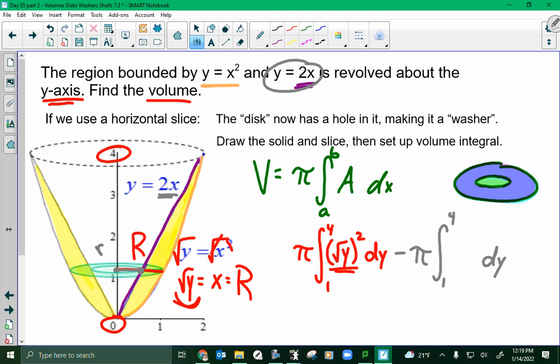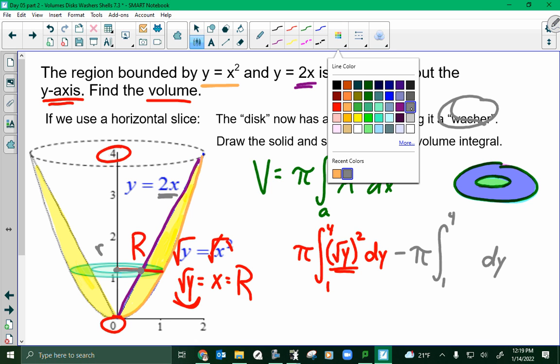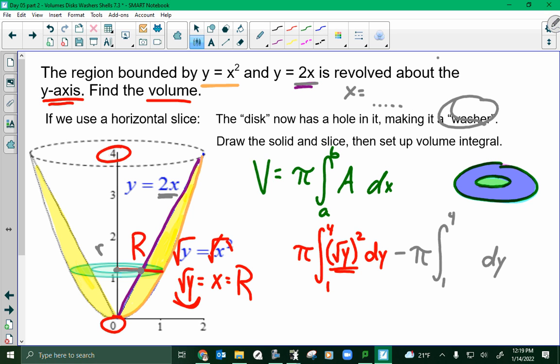So I still need y equals 2x. I still need that means x equals. I need my y variables here. I need it in terms of y. So the only thing I got to do, okay, thank you for reminding me, I should put that down. The only thing I really need to do to get this in terms of y is I'm going to divide by 2.